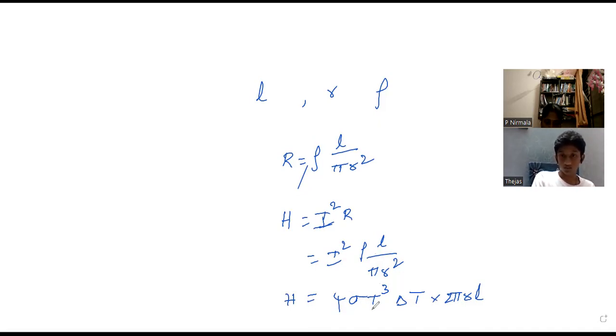T is the surrounding temperature, and delta T is a slight change in temperature. We take 2 pi R L because the wire is circular: each cross section has circumference 2 pi R, and we need the complete length, so multiply by L.